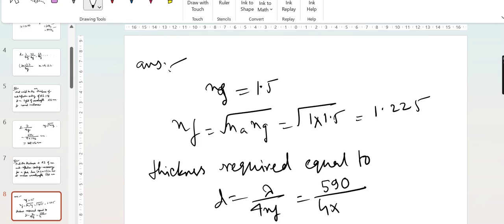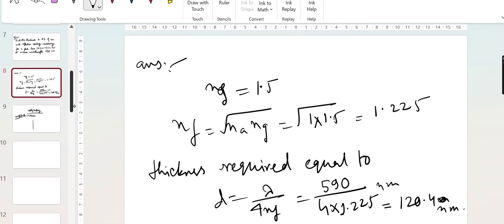So the anti-reflection coating will work perfectly well for you. So that will be 124 nanometer.